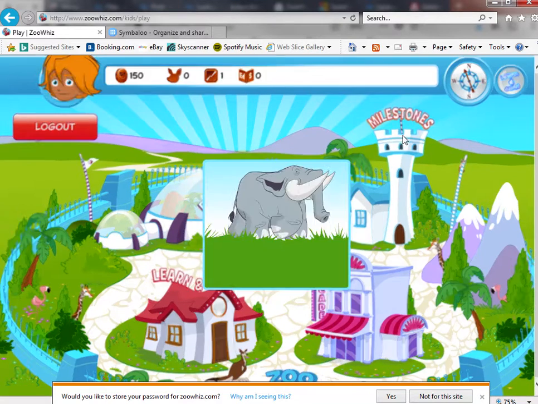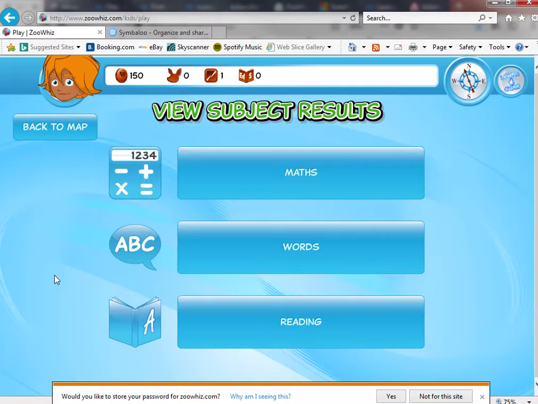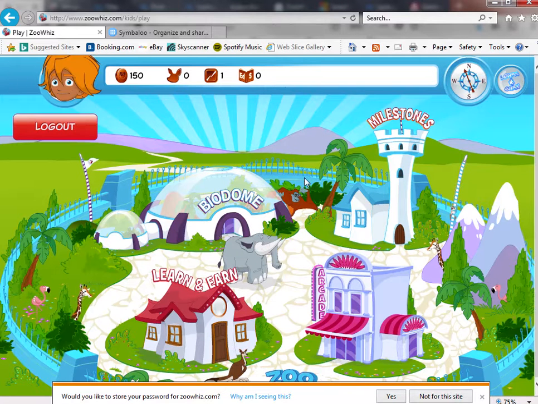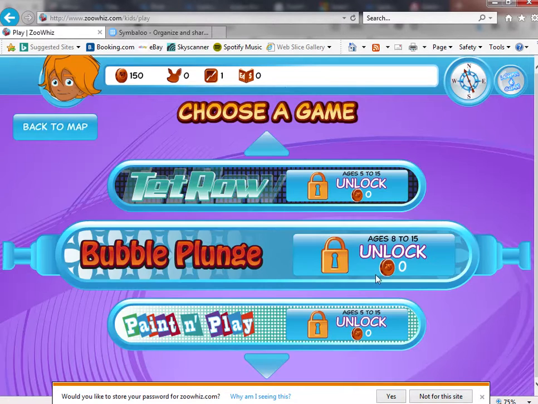Over here, they are able to see their achievements, how they have gone, and their performance. We've got a compass here that takes you back to the home page, and then you have this one here where you get the games, and they can play all sorts of games, and kids love that.